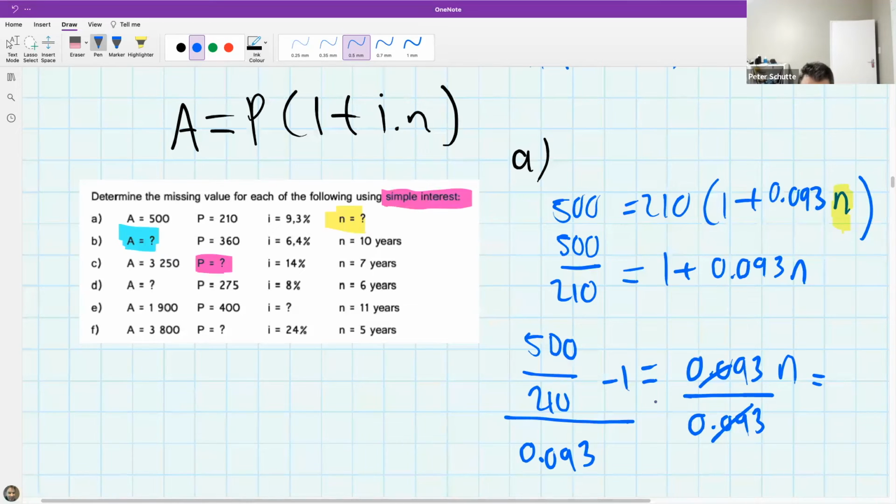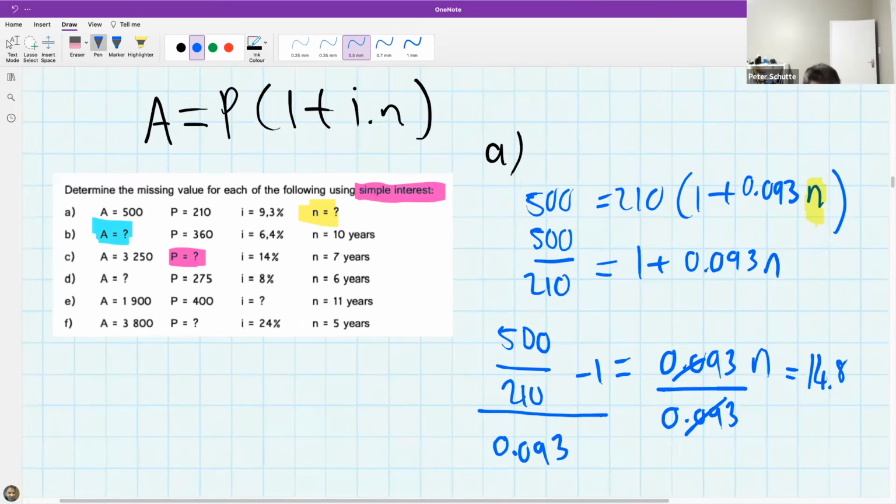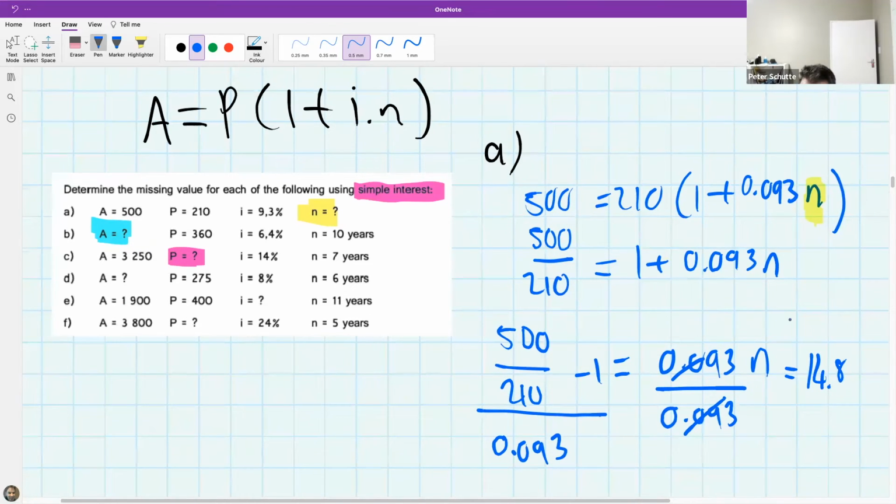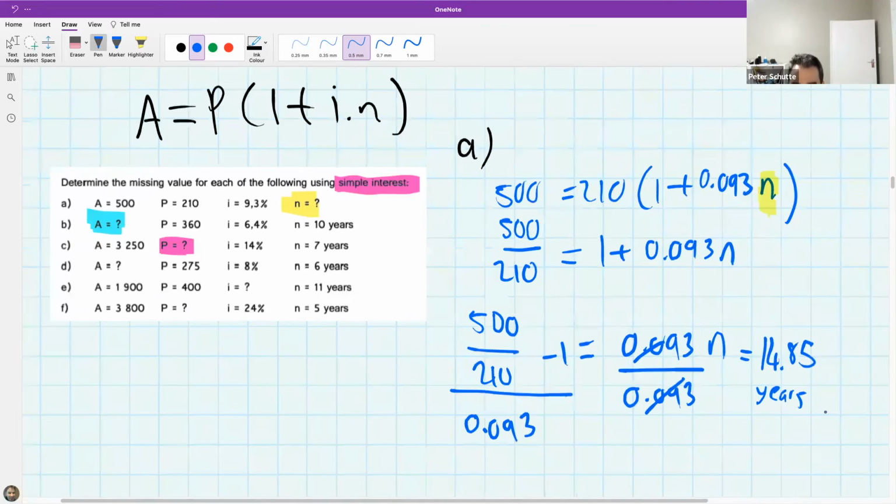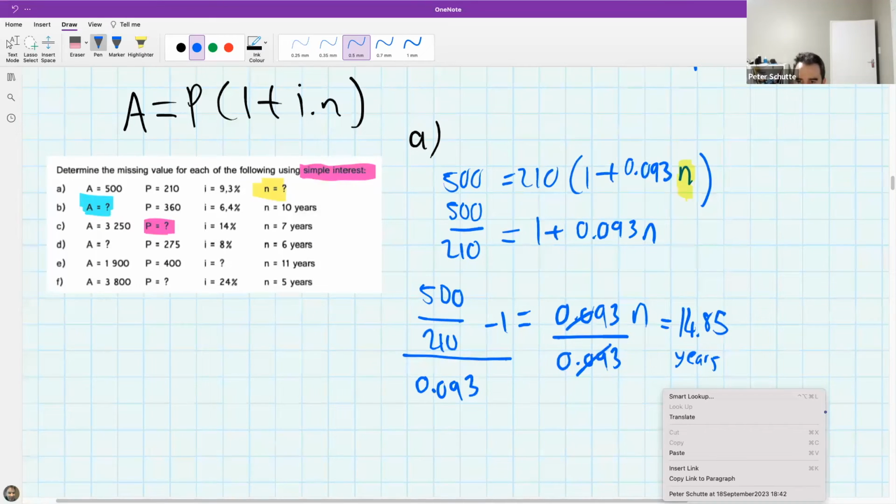I am getting 14.84. Now, yeah, so it's 14.848. So actually 85 if I'm rounding to 2 decimal places. So we should get 14.85 for A. Pop me a question if you're feeling unsure.